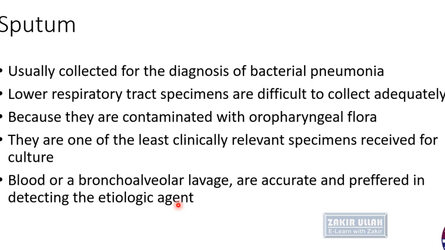In case of the lower respiratory tract, usually a sputum specimen is given for examination or for the culture process, but blood or bronchoalveolar lavage is preferred for culturing because it gives us accurate and good results of the etiologic or pathologic agent.